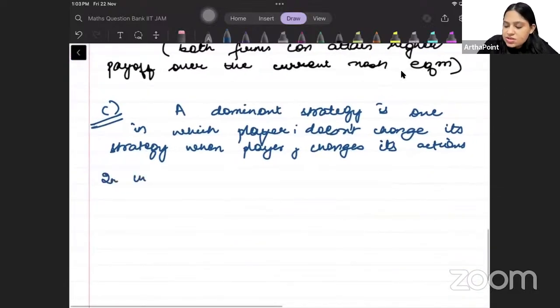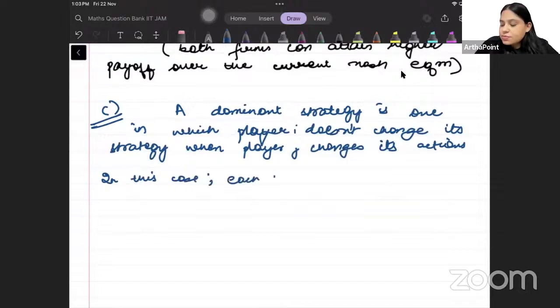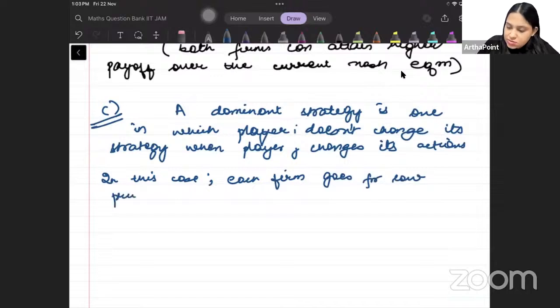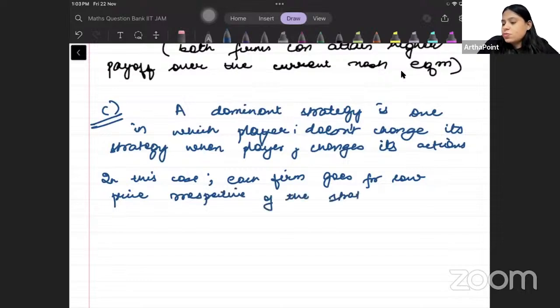Okay, in this case, we can go ahead and say that each firm goes for low price irrespective of the strategy followed by the other firm.